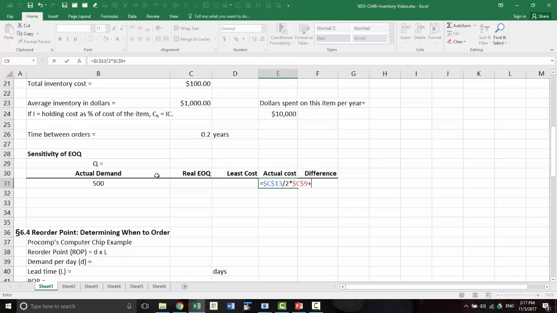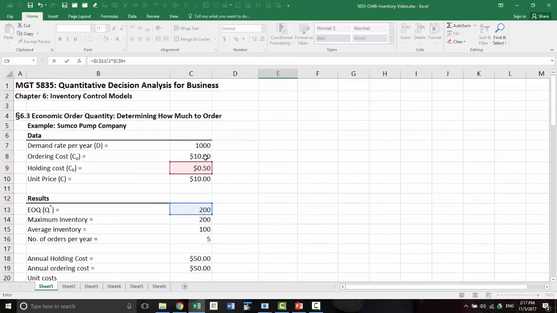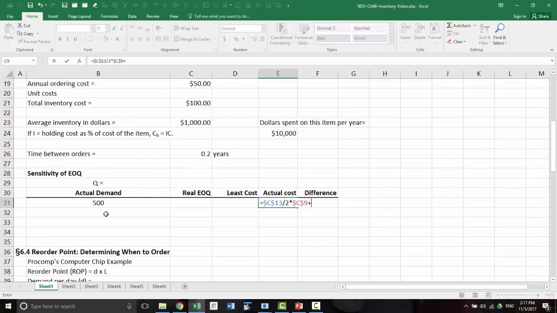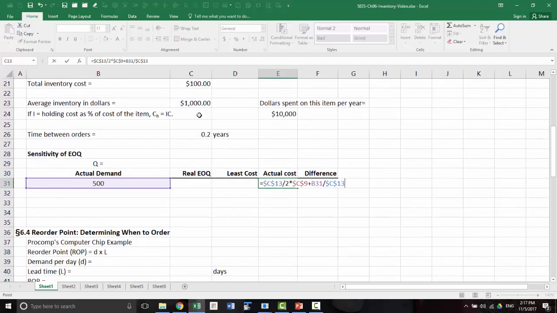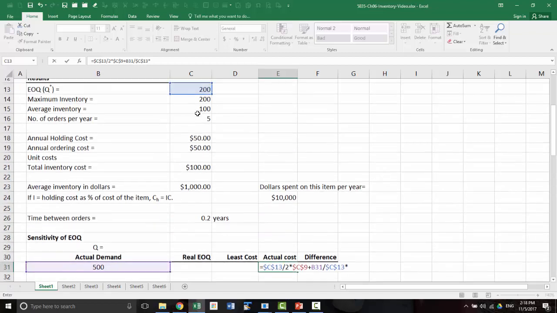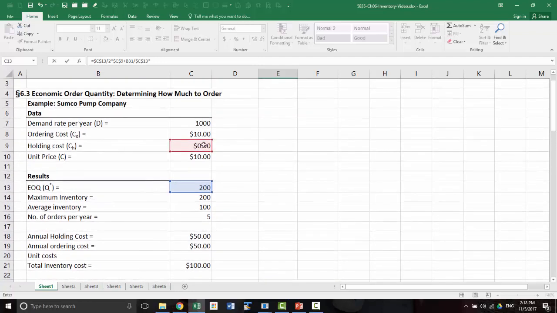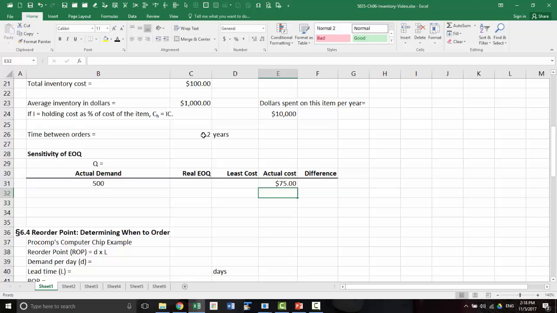Now instead of 1,000, at the end of the year the annual demand turned out to be only 500, right? So our number of orders is going to be 500 divided by the order quantity of 200 that we were simply using, assuming the annual demand is going to be 1,000, times C sub O, absolute reference that as well. So now that is going to be the cost.